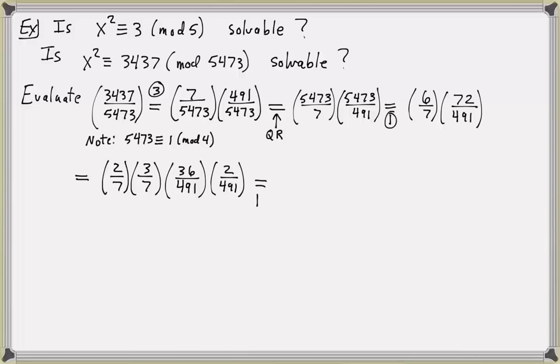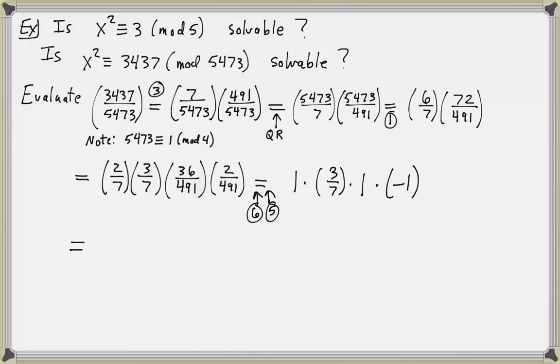So by properties 6 and 5, I can write 2 over 7 as 1, and then I still have 3 over 7, and 36 over 491 is 1 by property 5, because 36 is 6 squared, and then I have 2 over 491. I can evaluate that, and that's going to equal negative 1, because by property 6, 491 is 3 mod 8.